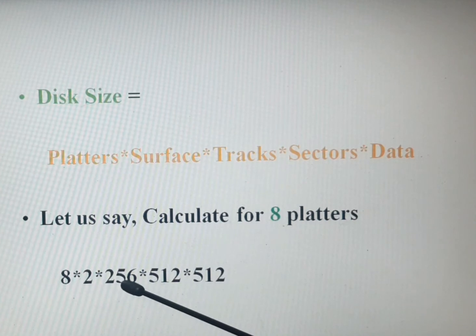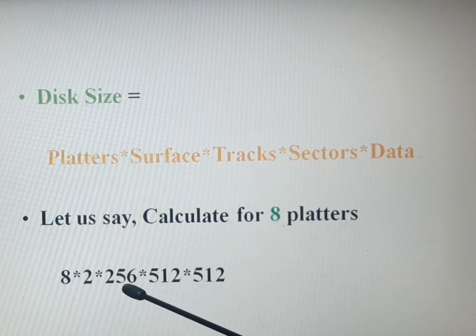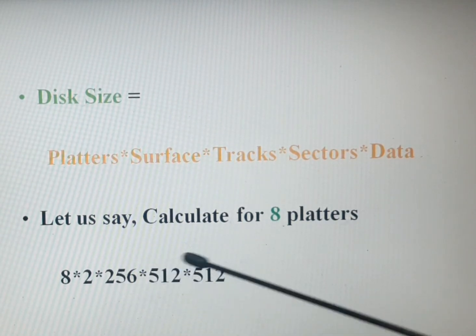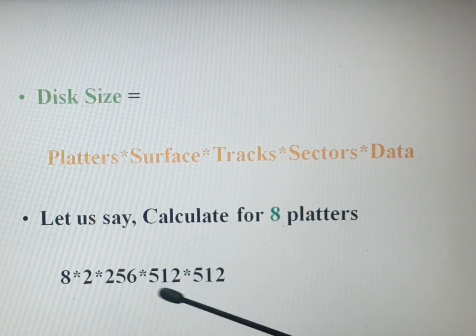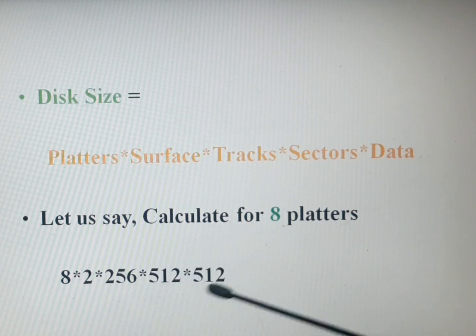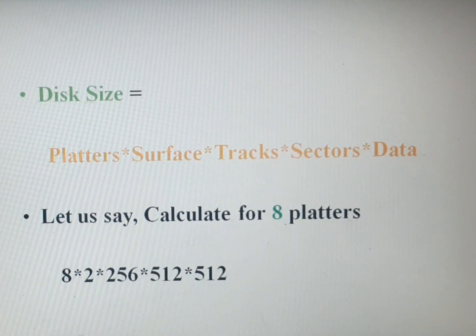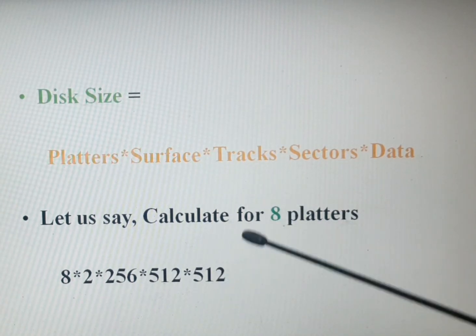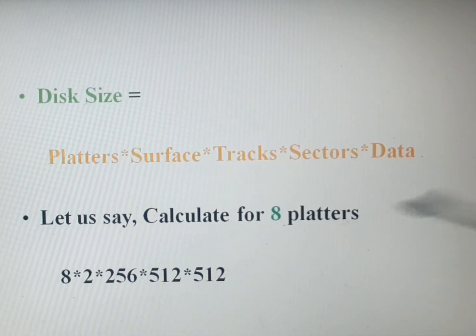Tracks, let us say, you can take any number, 256 tracks, and then 512 sectors. Each sector holds some bytes of data, let us say 512 bytes. This is how you calculate the disk size.